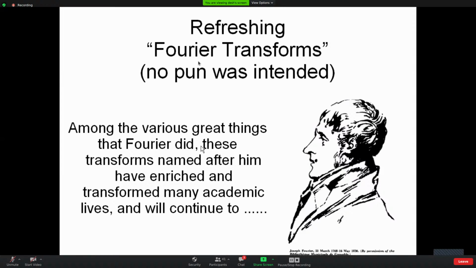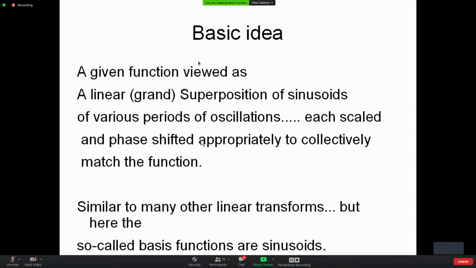All right. So the basic idea is, given any function which is finite, you can think of it as a grand superposition of sinusoids of various periods of oscillation, each scaled and phase shifted appropriately to collectively match the function. So you can think of it as a procedure where you are trying to find the best fit by using basis functions or component functions as sinusoids.